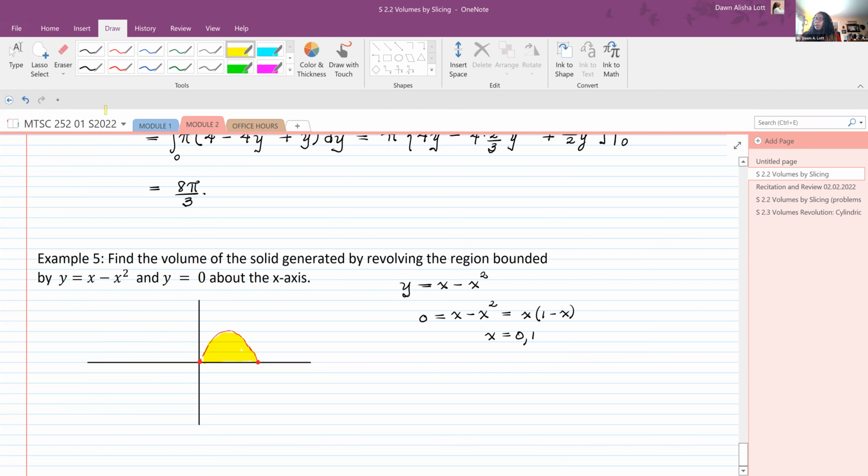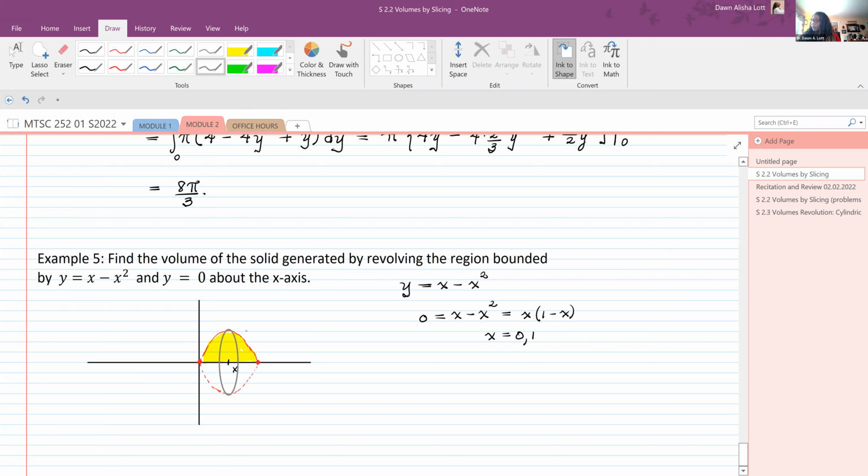Okay. Now I'm revolving this thing about the x-axis. So that means choose an x. All right. Then since I'm revolving it around the x-axis, this thing's going to kind of look like a lemon. Because right here, I'm going to take and draw where it revolves around the x-axis.